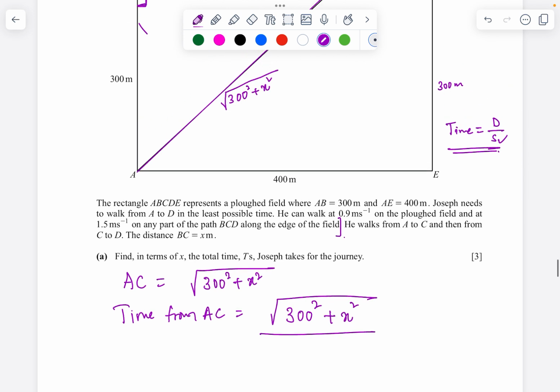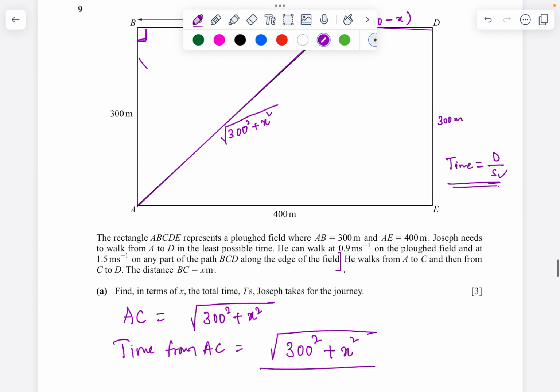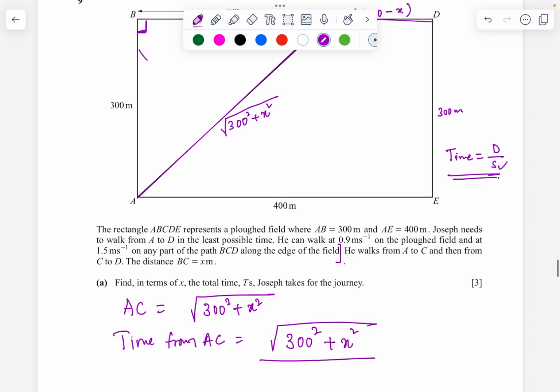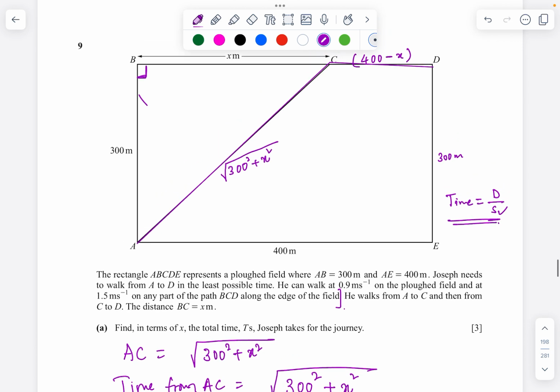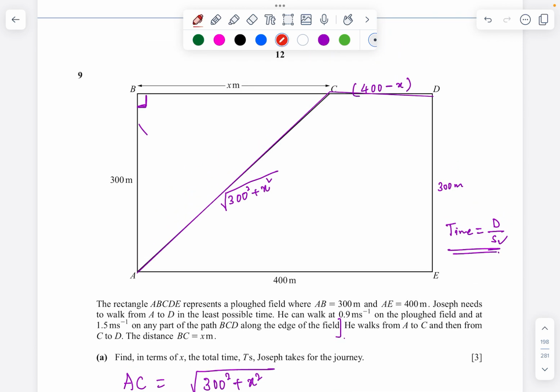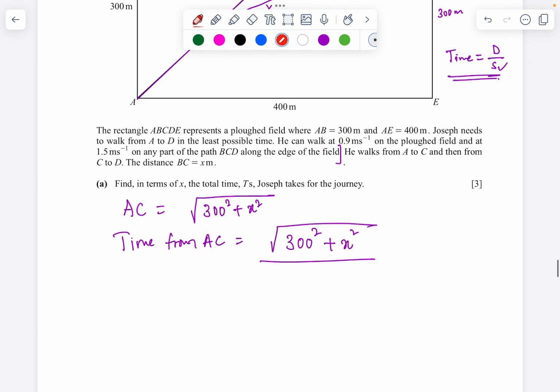the speed. You can see that on any part of the plowed field the speed is 0.9 meters per second, except on the BCD path. Anywhere else it's going to be 0.9, so I'm going to take this one as 0.9. Is it okay?